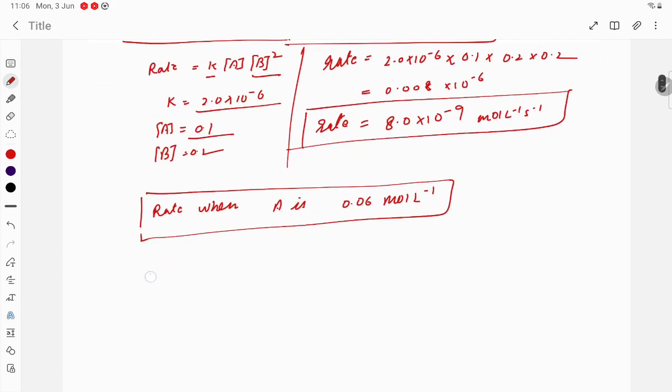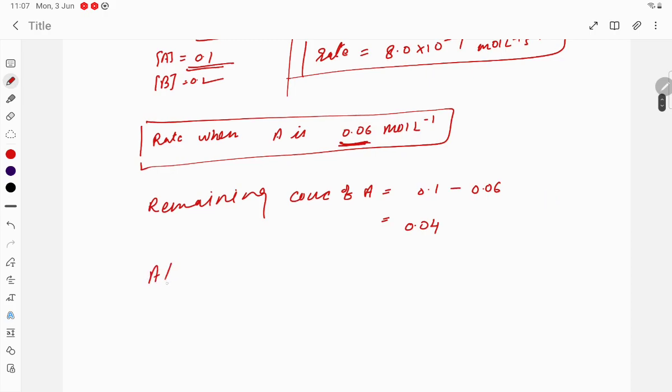So let us see the remaining concentration of A. How much will be there? Initial is 0.1 and here it is 0.06. So the remaining is 0.04.